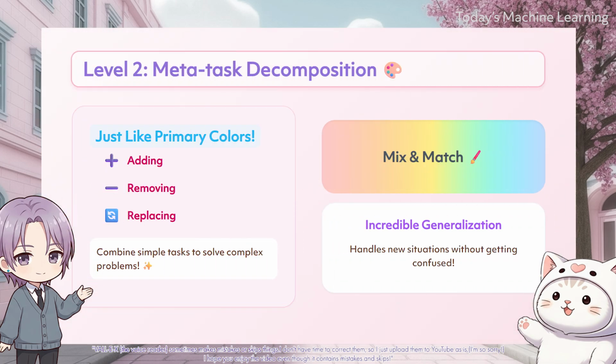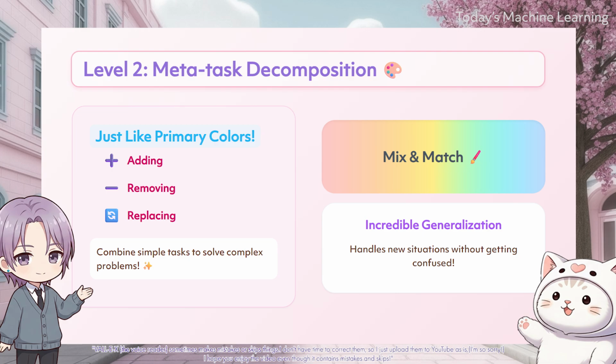Now, let us talk about the second level, which is my absolute favorite part. It is called Meta-task Decomposition. The researchers realized that they do not need to teach the AI every single complex editing task in the world. Instead, they broke all image editing down into just 5 basic meta-tasks. These are simple things like adding, removing, or replacing.